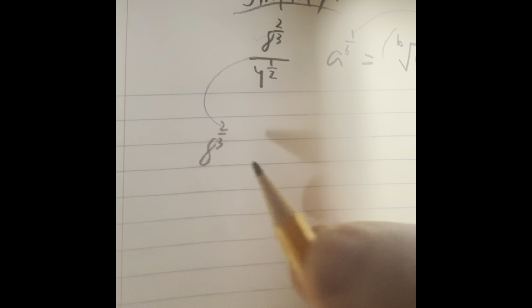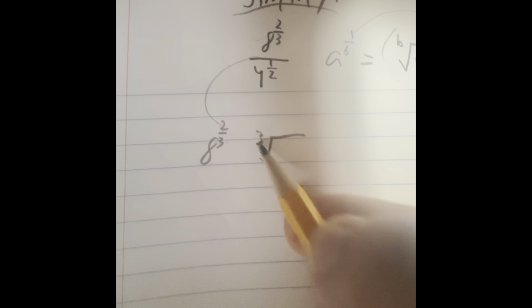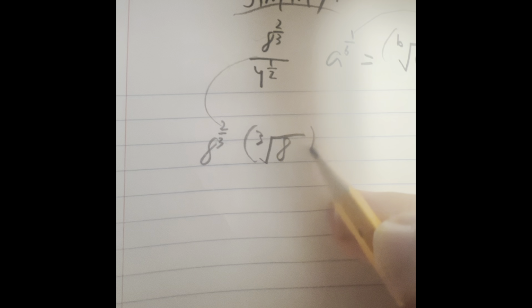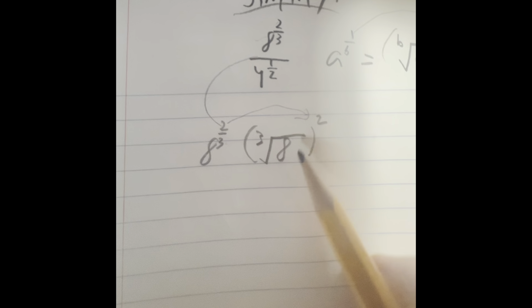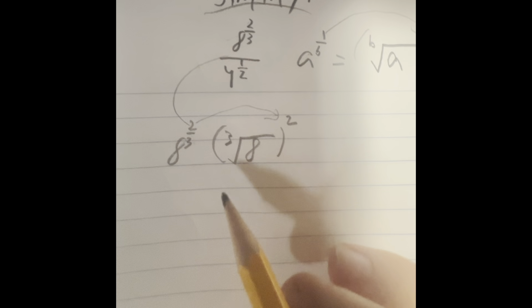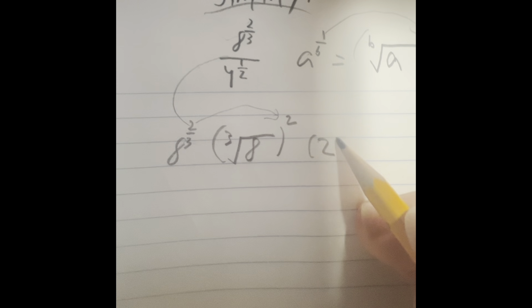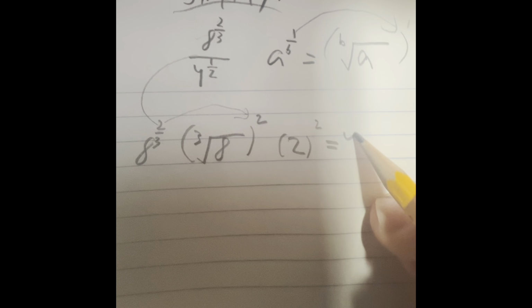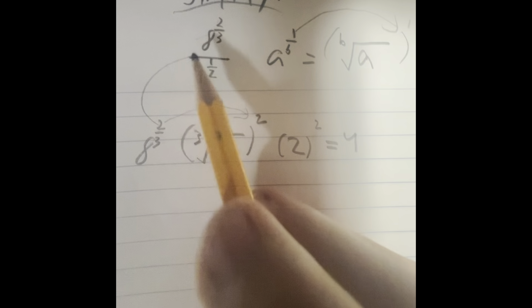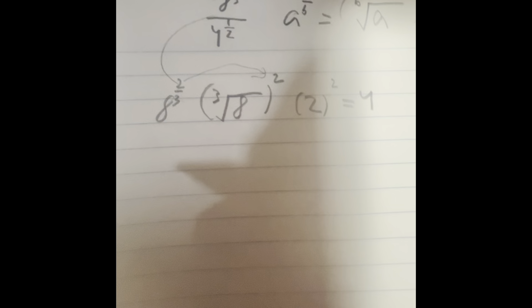So we can take the cube root of 8 and then square it as we bring our 2 over. So the cube root of 8 is 2, and 2 squared is 4. So our top term is going to be 4. Let's save that for later.